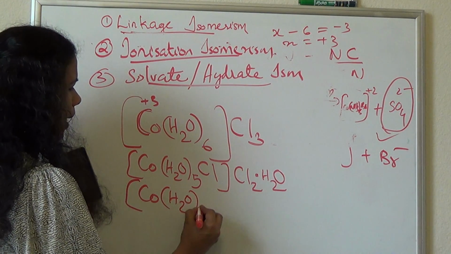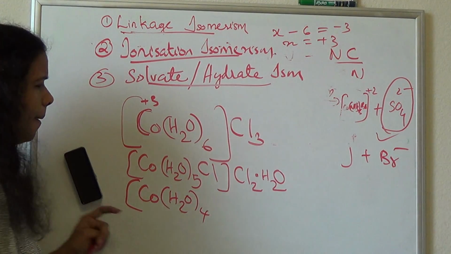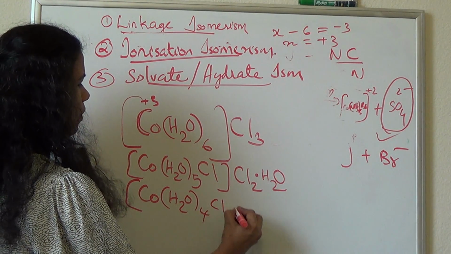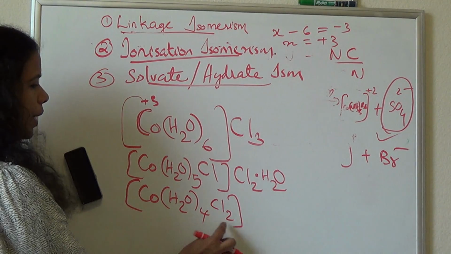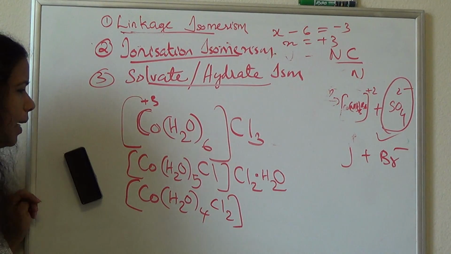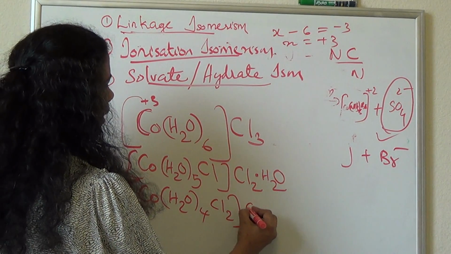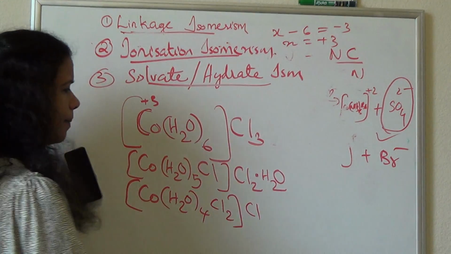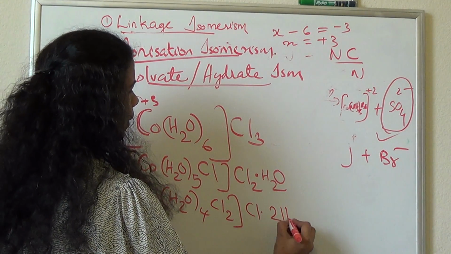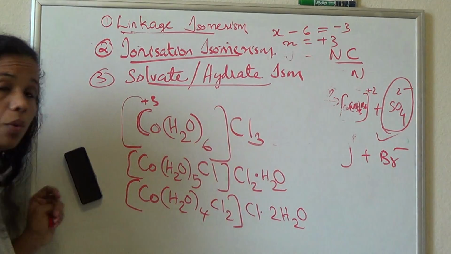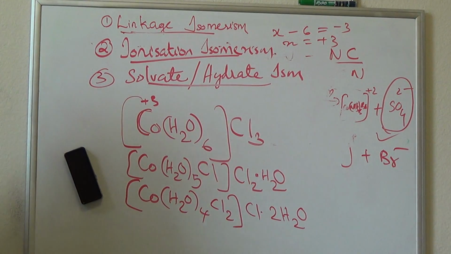Co(H2O)4Cl2. We are again reducing one more water, and so we are making one more chlorine inside. Total coordination number always will be 6 for cobalt, and outside there is only 1 chlorine remaining, dot 2 H2O. There are 2 water molecules outside the coordination sphere.